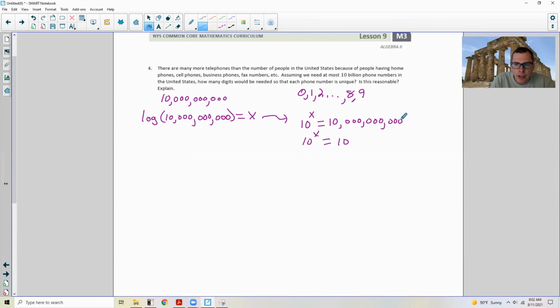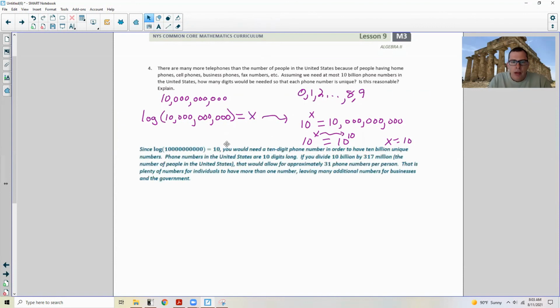Well, 10 to the 1 is 1, 0. 10 squared, cubed, 4, 5, 6, 7, 8, 9, 10. So 10 to the 10th would give me 10 billion. And therefore, since the bases are equal, x has to equal 10. So what we would say here is, since the log of 10 billion equals 10, you would need a 10-digit phone number in order to have 10 billion unique numbers.